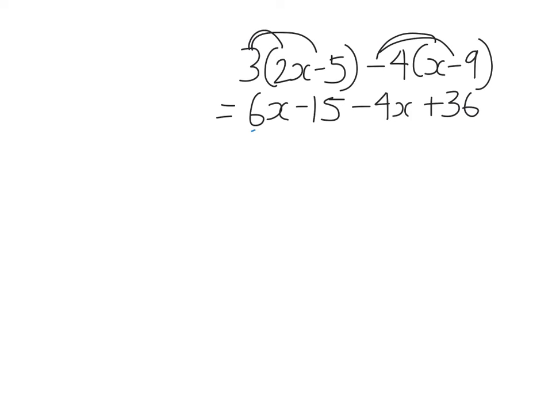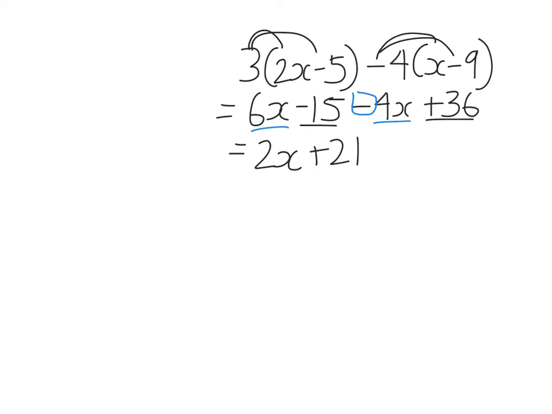So this and this are like terms. 6x minus 4x, not 6x plus 4x, because this minus belongs to the 4x. 6x minus 4x is 2x, minus 15 plus 36 gives you positive 21.